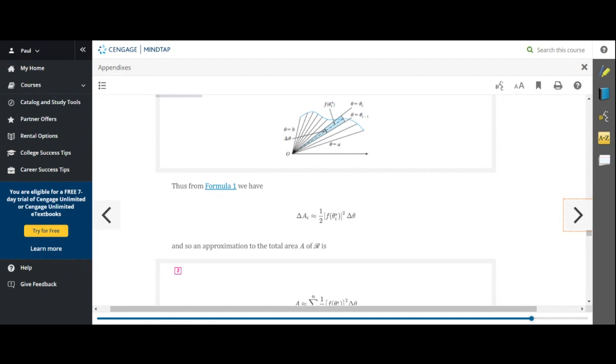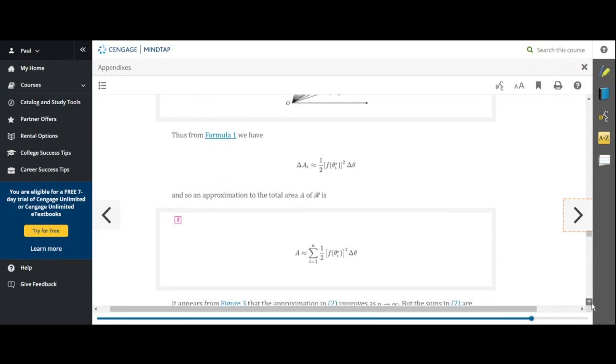Delta theta is the difference between the two angles, the beginning angle and the ending angle, that form that sector. It's like the little piece of the pie, right?